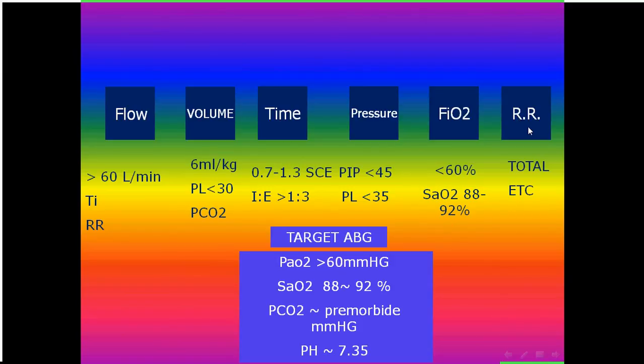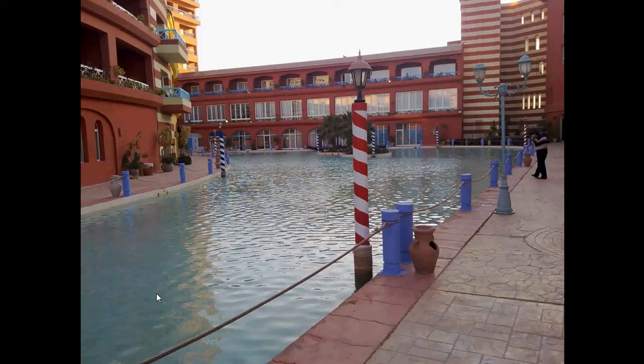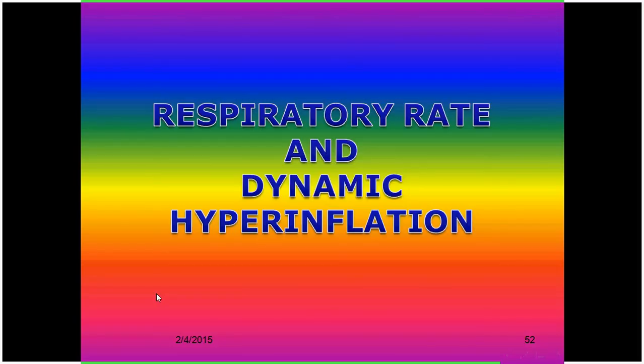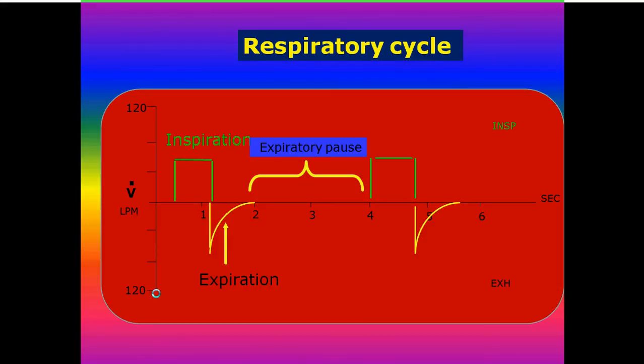The respiratory rate should be adjusted according to the expiratory time constant, which will tell you the maximum respiratory rate that should not be exceeded for such a patient. The target is this ABG, as I have mentioned before. It is very important to know how to adjust the respiratory rate for these patients and to guard against dynamic hyperinflation.